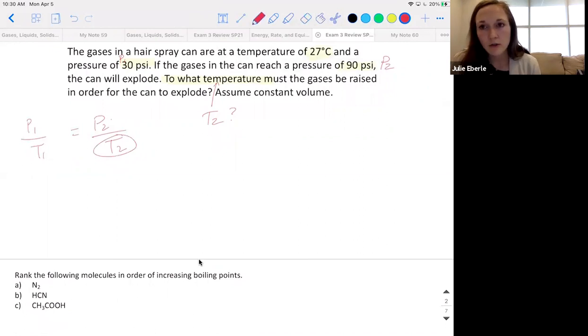So what do we need to do to solve for T2? There's a long way or a short way. You could cross multiply both sides by T2 and then cross divide both sides by P1 and move everything around, or you just flip the equation. It's a little easier this way.